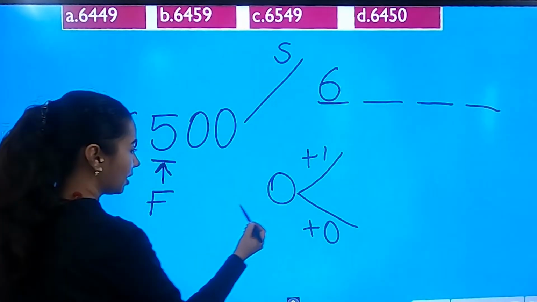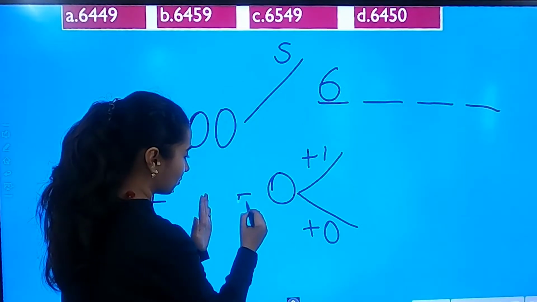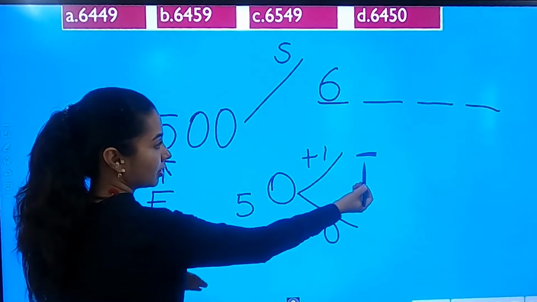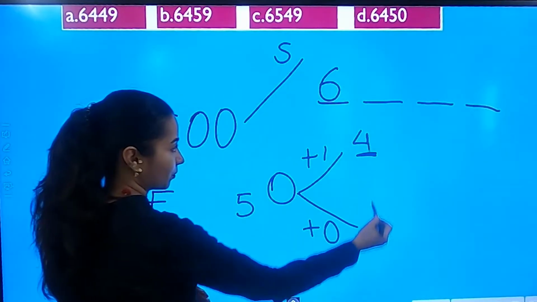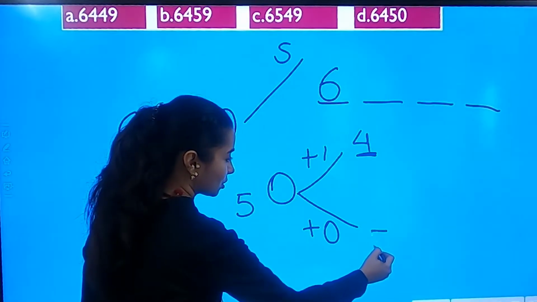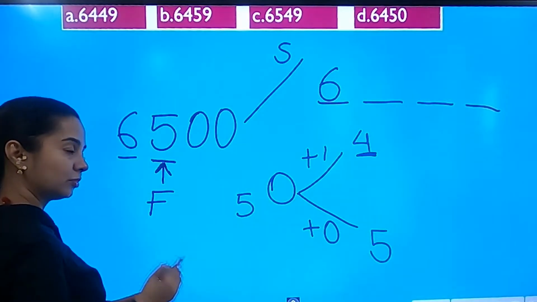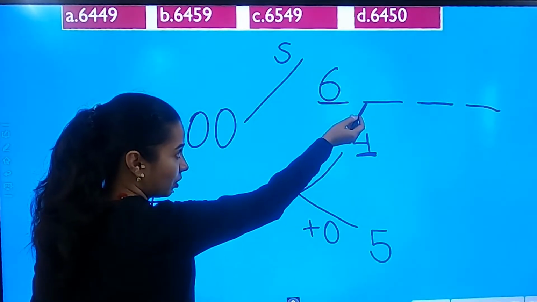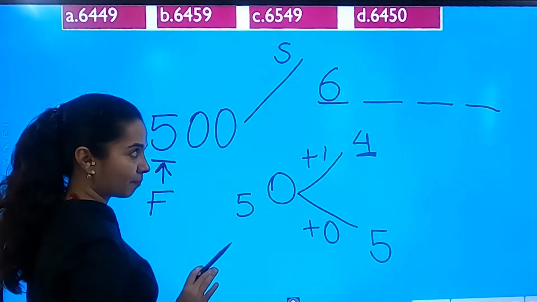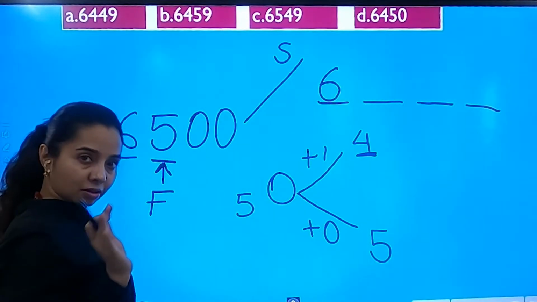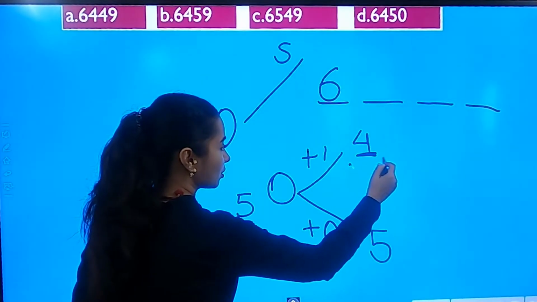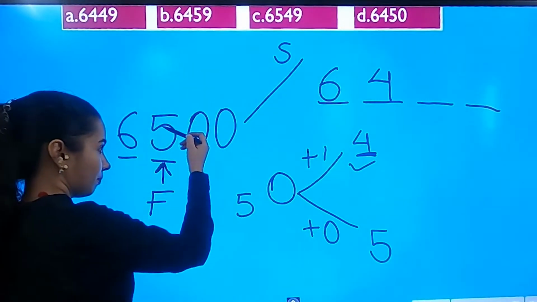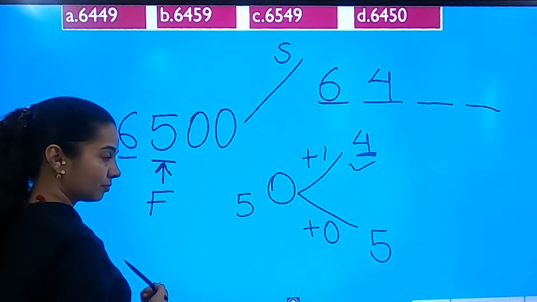If this number 5 we got after the number was increased by 1, then what would have been this number? 4. Another option was 5. Just two options, either 4 or 5. Either this was increased by 1 or this remained the same. Since we want the smallest possible, we will choose 4. 4, when 1 is added to it, has given us 5.